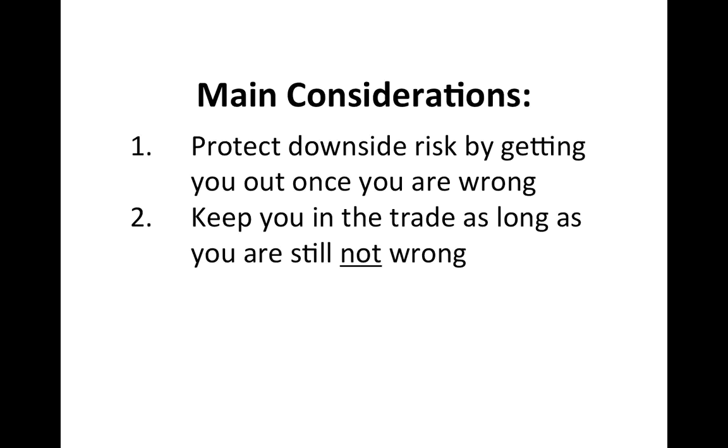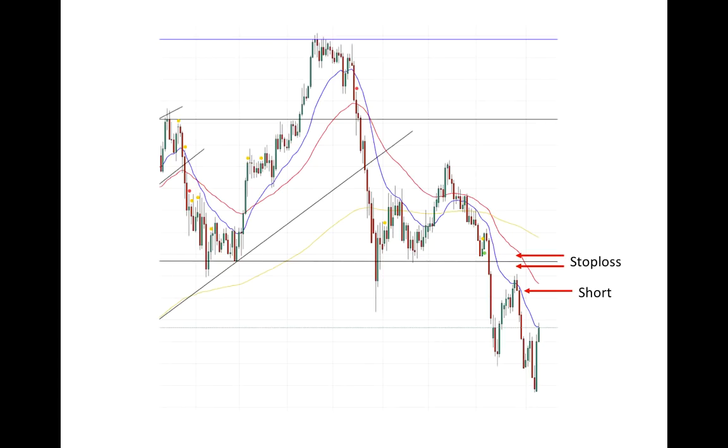What you want to avoid is being correct, but because of the small price fluctuation or the whipsaw, or when the spread widens, you accidentally get stopped out even though you are actually still correct. That is something you want to avoid, which is why you want to have a buffer to account for these fluctuations.